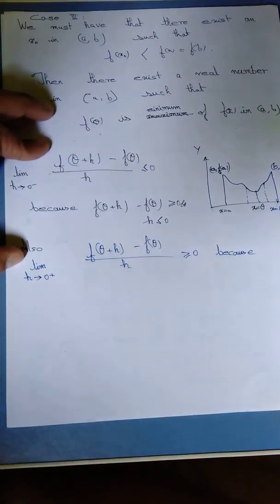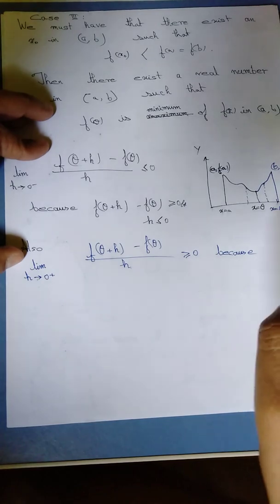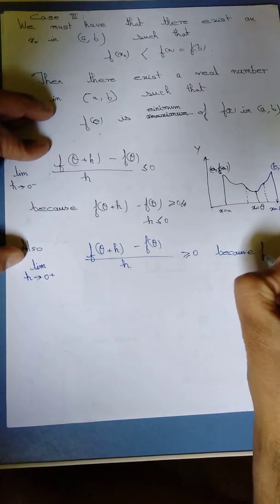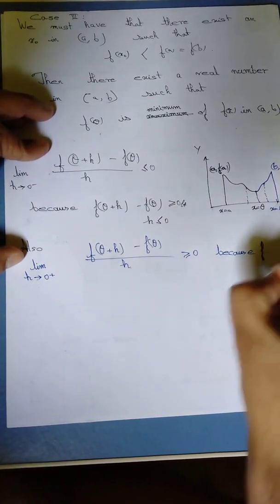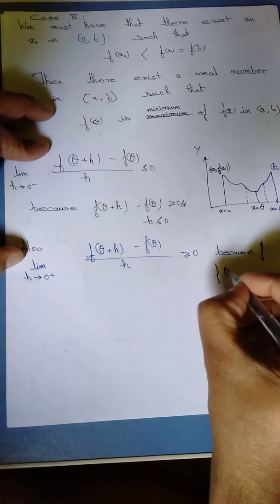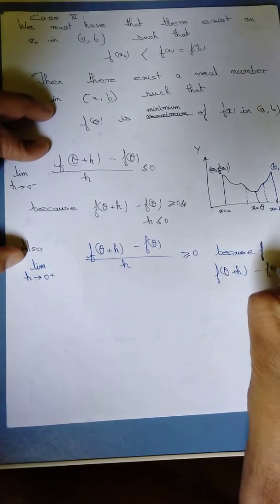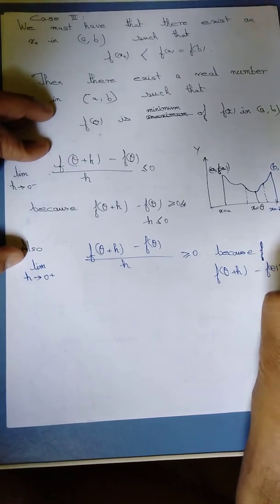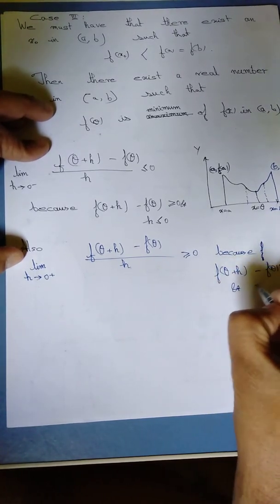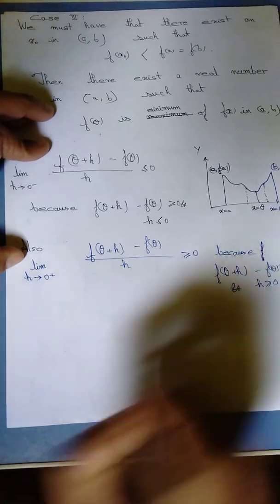Now we are taking the right hand limit, because f(theta + h) minus f(theta) is greater than or equal to 0 and h is greater than or equal to 0.